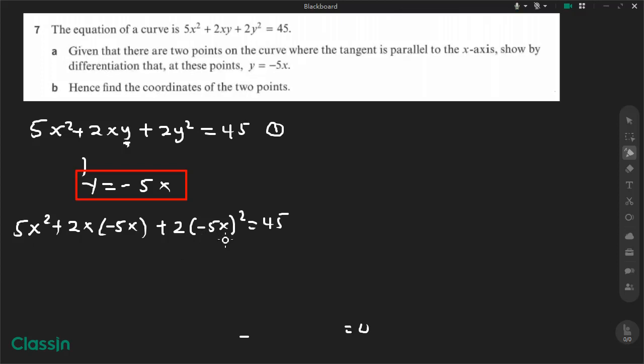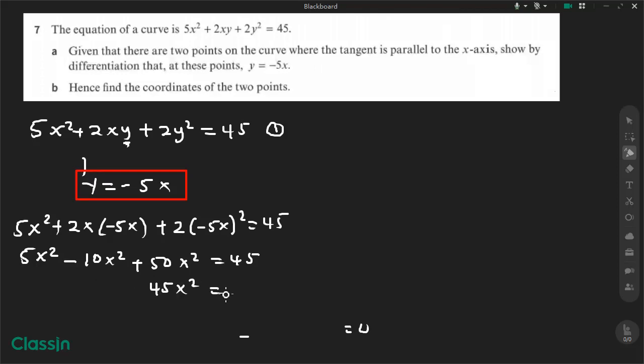This is 25x squared times 2, 50x squared. So we get 5x squared minus 10x squared plus 50x squared being equal to 45.